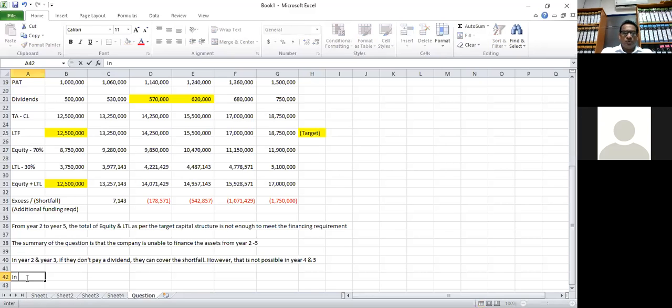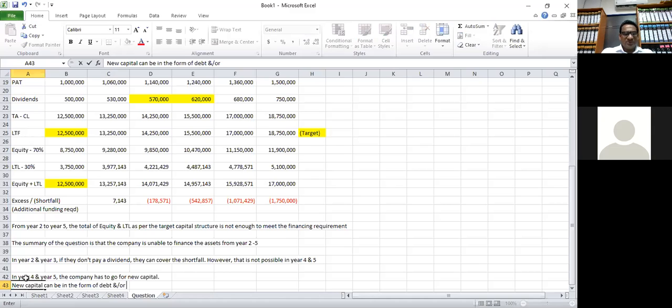We can say in year 4 and year 5, the company has to go for new capital. New capital can be in the form of debt, I will say, and/or equity, okay?